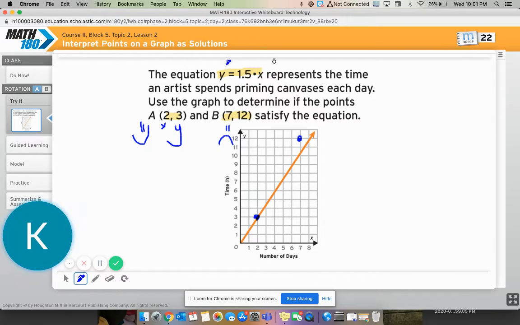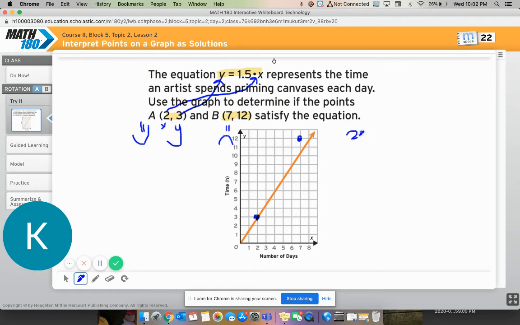Okay? We actually did not even have to do anything with this equation up here because all we need to do is plot and see what's going on. Now, if we wanted to use this equation, you're going to have to forgive me. We have x as 2 and y as 3. So what we do is we take 2 and we substitute it for x, and we take 3 and we substitute it for y, and we see if the equation is true.